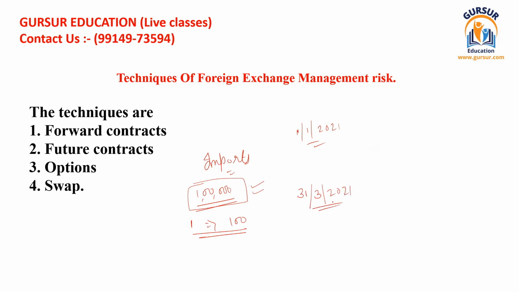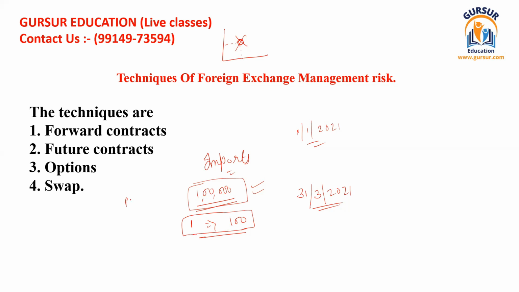You are going to make the payment at that date, but this is very obvious. If the exchange rates are determined on the basis of demand and supply, then the rate which is prevalent today, $1 equal to 100 rupee, may not be the situation on 31st of March 2021. Maybe it can rise, maybe it can come down.